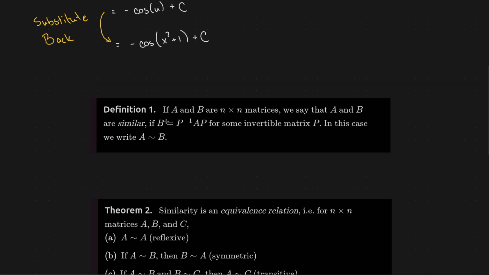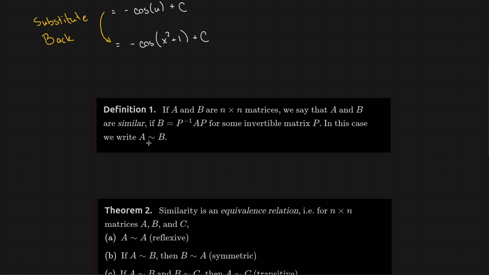So we actually need to prove this. Prove that matrix similarity is an equivalence relation. So for part A, observe A is equal to I inverse AI. So A is similar to A. Just remember what our definition of similarity is.